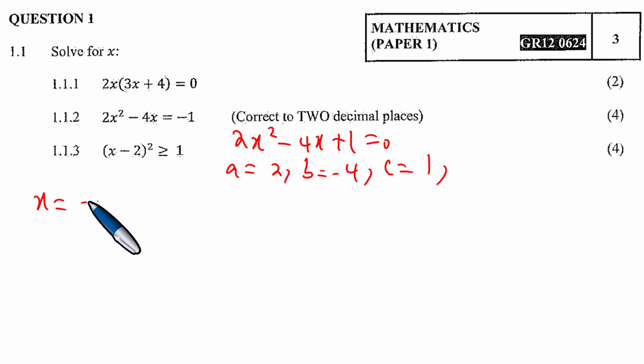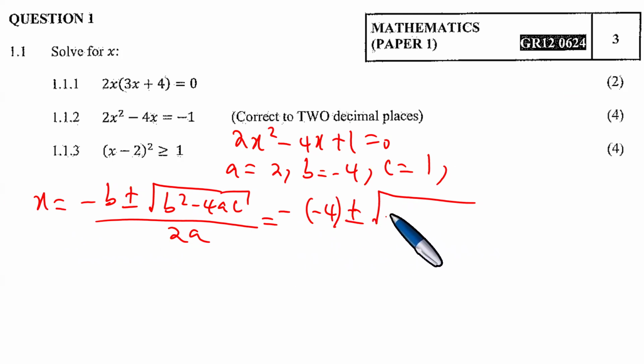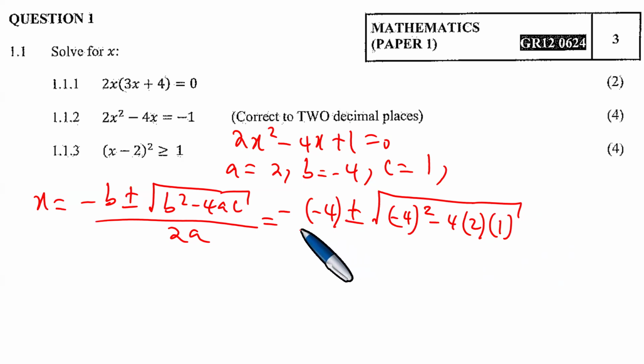This means x equals -b plus or minus the square root of b² - 4ac, all over 2a, which means we have -(-4) plus or minus the square root of (-4)² - 4 times 2 times 1, divided by 2a, which is 4.